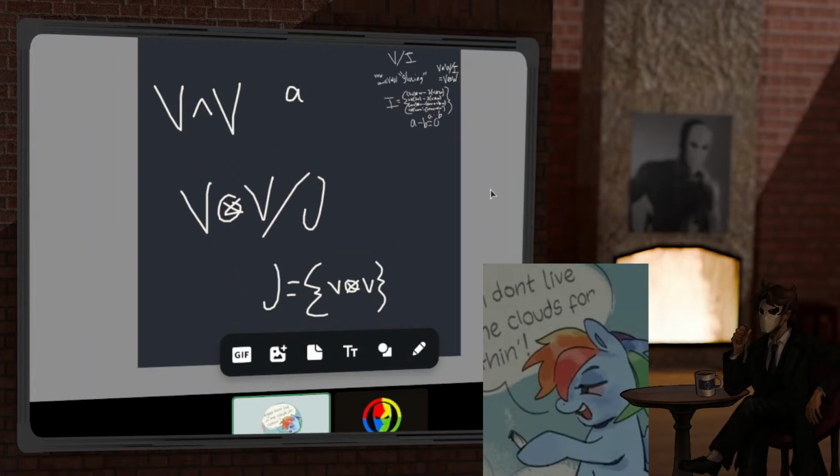And also we have the property of anti-symmetry, where the wedge product of something with something else is the negative of the wedge product of that thing with the first thing.